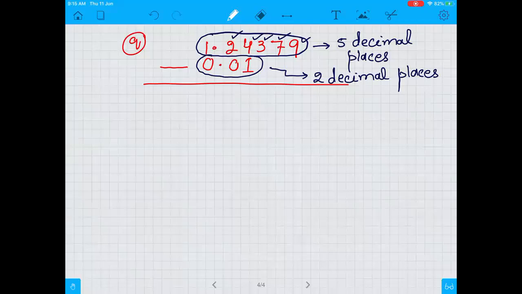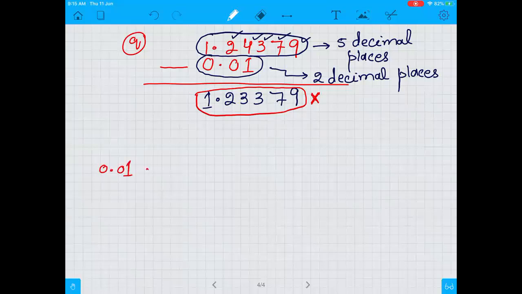You will get 1.23379, the digits shown by the calculator. This is the answer given by the calculator. But this is not acceptable because we have not followed the right precision. So out of the data values, 0.01 is the least precise.